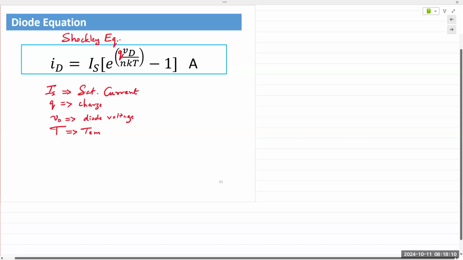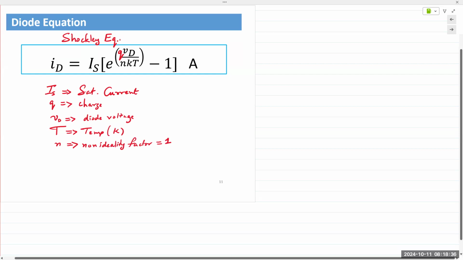T is the temperature in Kelvin. And N is the non-ideality factor. For most silicon diodes used in most common applications, this non-ideality factor is taken as 1.